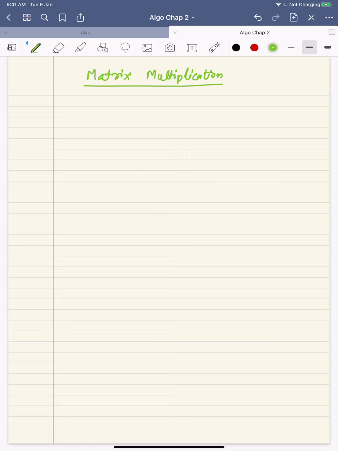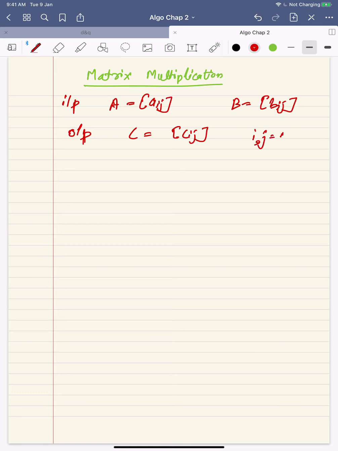You are given 2 matrices A and B. So input are 2 matrices A and B, say elements are Aij and Bij, and the output is C with elements Cij, and all i, j go from 1 to n, right? So they are n cross n matrices, and this output should be A times B.